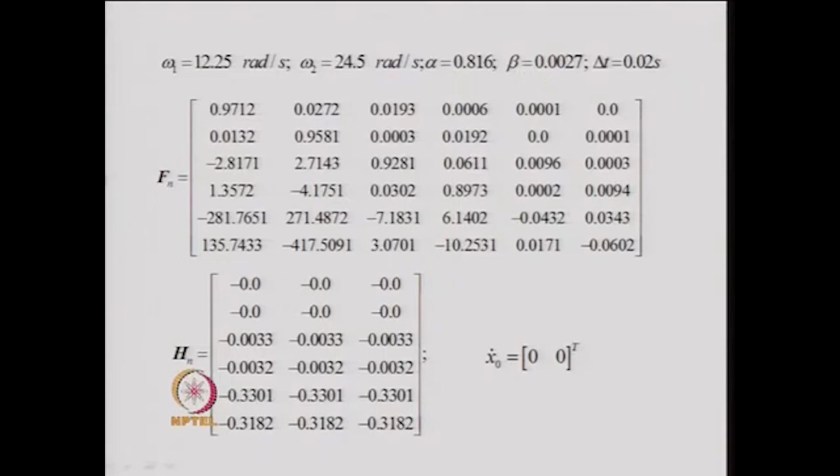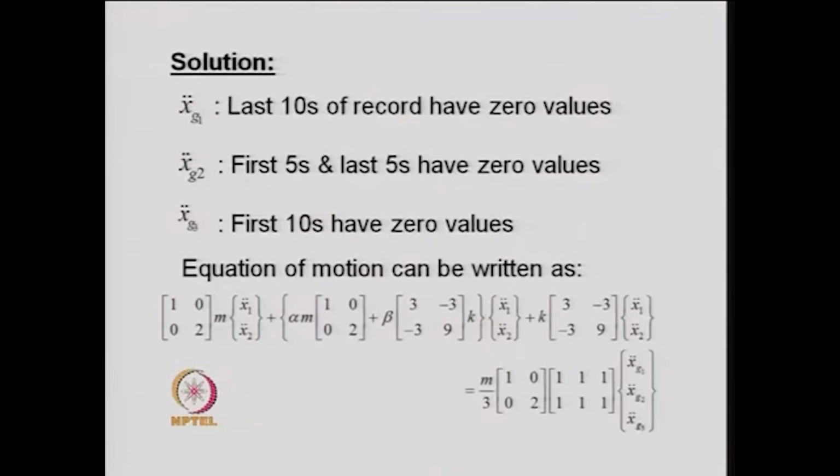This is the Fn matrix of Newmark's beta method, and this is the Hn matrix. The initial condition used is 0 velocity and 0 displacement. With the help of that, we went for the solution of the recursive equation to obtain the response of the system.